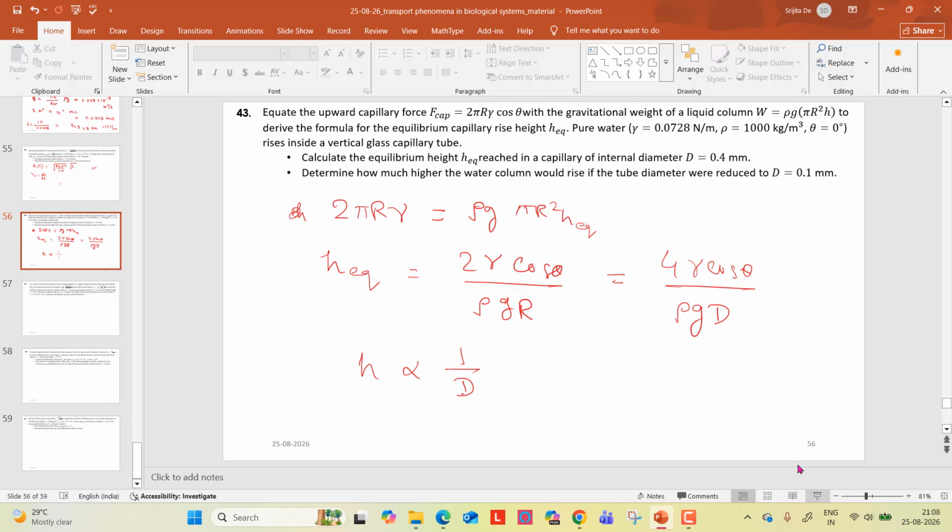So if d is reduced 4 times, accordingly height will be increased 4 times. So you have to multiply the h eq, whatever value you get from the first equation, with 4. Okay, so that is this equation. That is how you need to solve this.